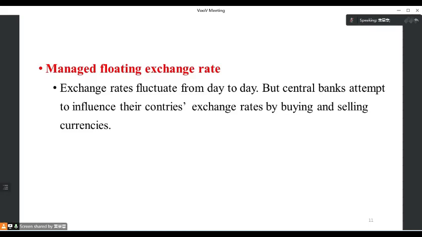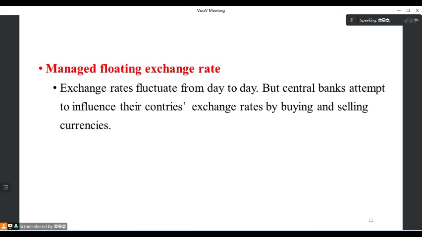Managed floating exchange rate means the price between the two currencies can be influenced by the foreign exchange market, and also can be changed by one country's central bank buying and selling currencies.